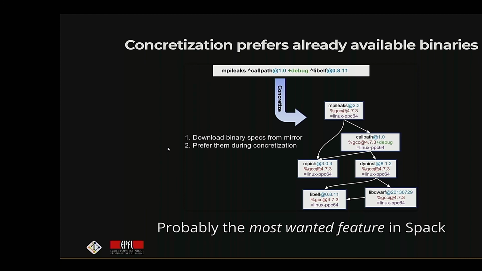Right now, in some ways, there are times in which you need to help the concretizer, so you have to over-specify a bit your own specifications in order to reuse software.